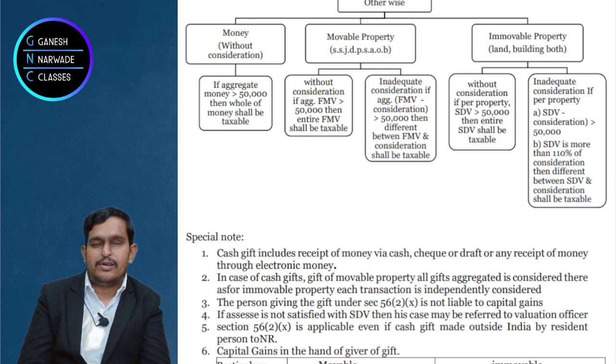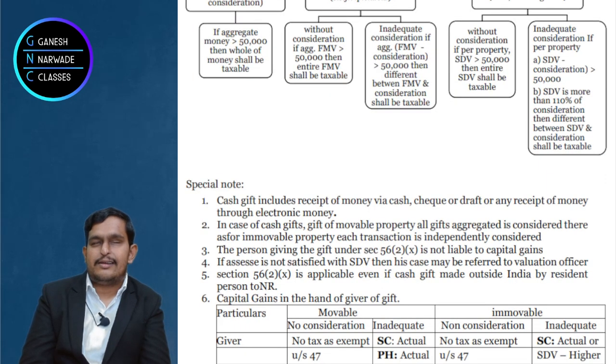Correct? Now jewelry is a capital asset. Agreed? When I am gifting you, is it a transfer, yes or no? It's a transfer. So should I be taxed under capital gains? The answer is no, not at all.